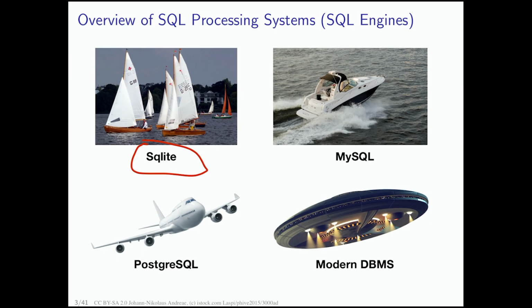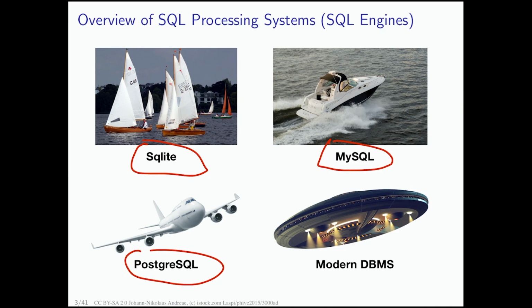MySQL is another database system or SQL engine that's already a bit faster, like a small motorboat. Then there's the most popular open source system, PostgreSQL, that brings you very far and has a ton of features, hard to use all of these features, absolutely crazy.